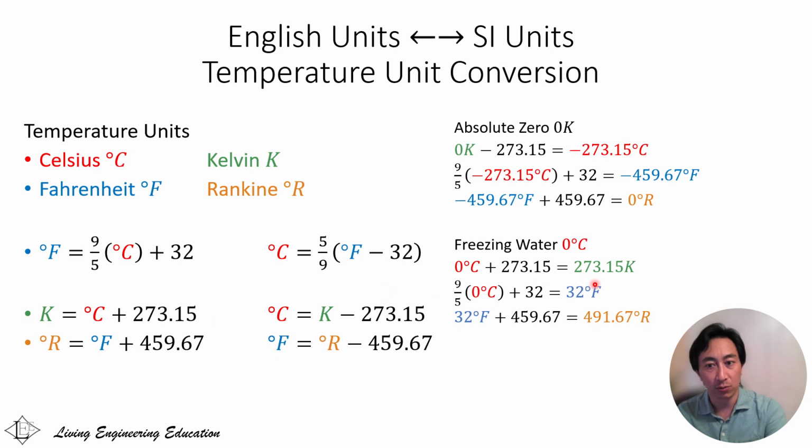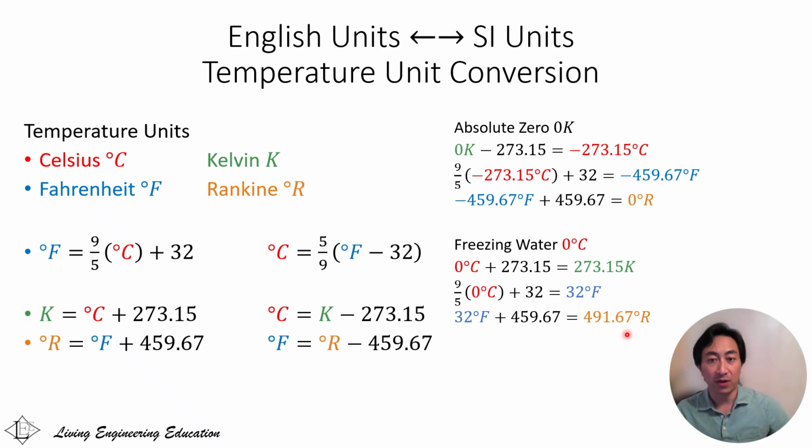So 273.15 Kelvin is freezing water. I plug in 0 degrees to convert to my Fahrenheit. I get 32 degrees Fahrenheit is freezing water as well. Now I want to convert to Rankine. I plug in 32 degrees Fahrenheit, add 459.67, that offset. Now I get 491.67 degrees Rankine.